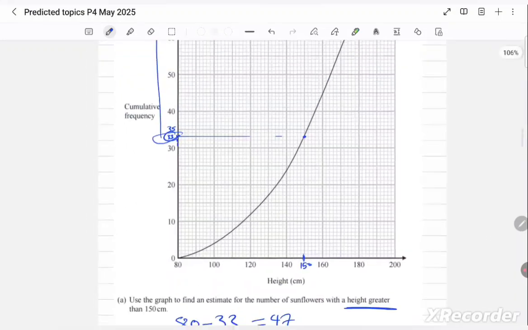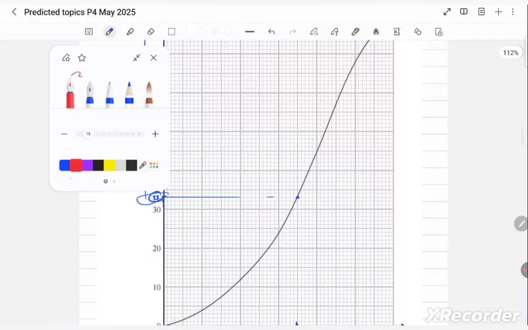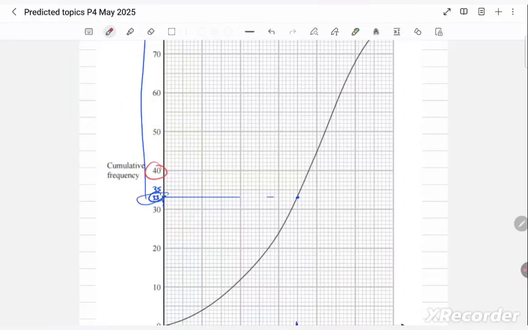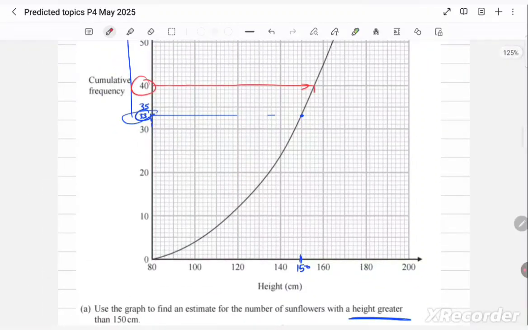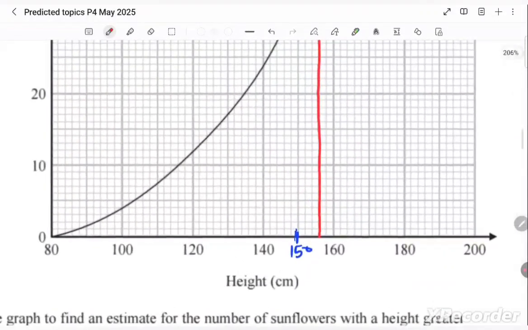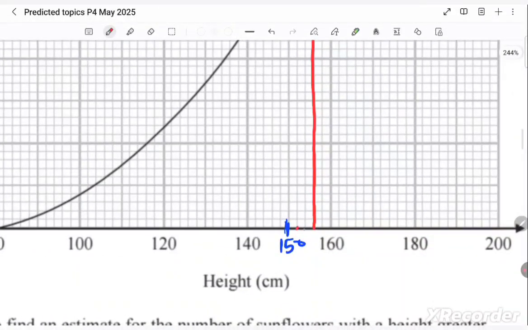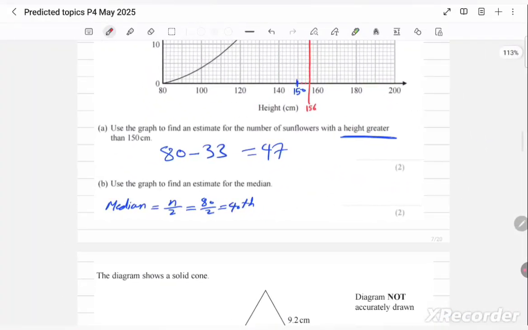Where's 40? 40 is this one. So you take this 40 until you intersect with the graph, and then go down to see exactly the answer. So this one, 150, 152, 154, 156. The answer is 156.